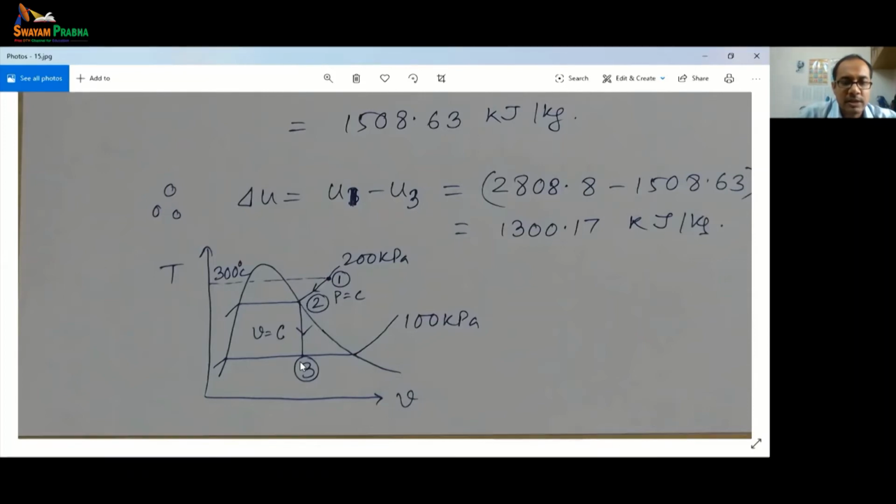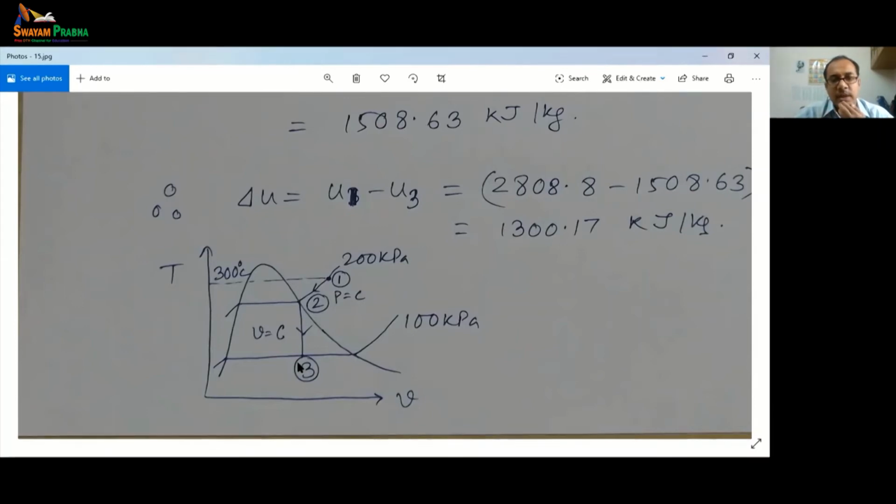So here it reaches the two-phase region. But where it lies is given by the pressure line. Again, this is the constant pressure line corresponding to 100 kPa. When it hits this 100 kPa line, that's point 3. Now we have to find the dryness fraction, that means how much here is vapor and how much is liquid.